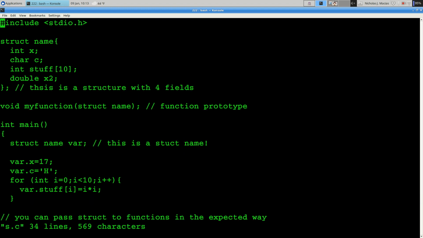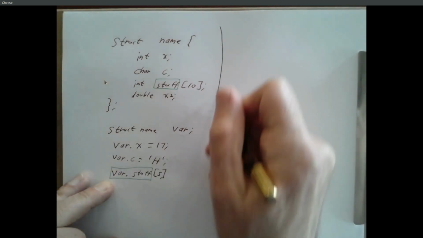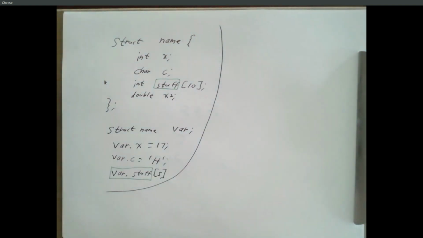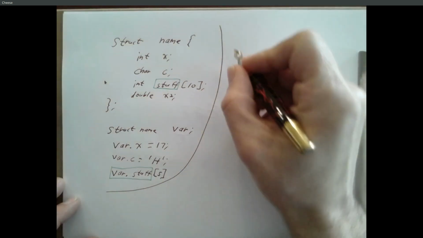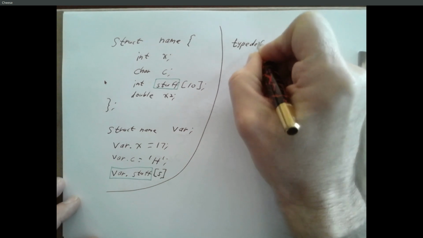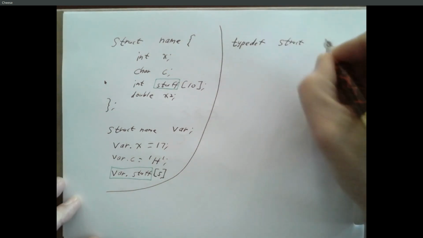Okay, so we can also do a typedef. So if we have a structure named name, every time that we want to use this, we have to say struct name, struct name, struct name, and it gets kind of quirky looking. So we can define a new type. We can say typedef. And we can say what type we want to rename.